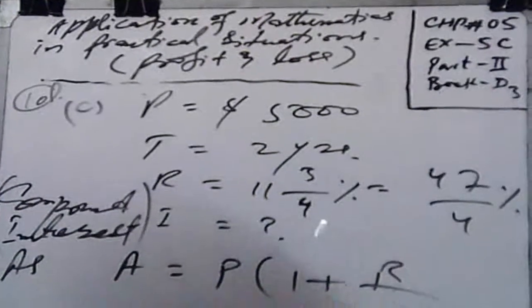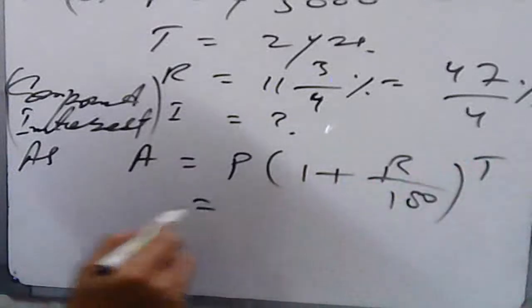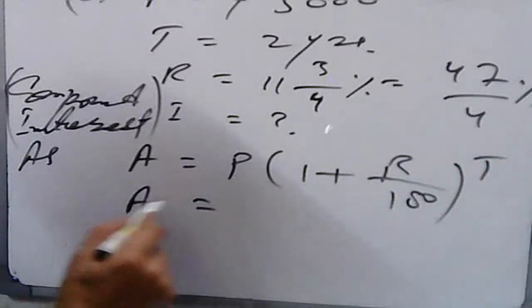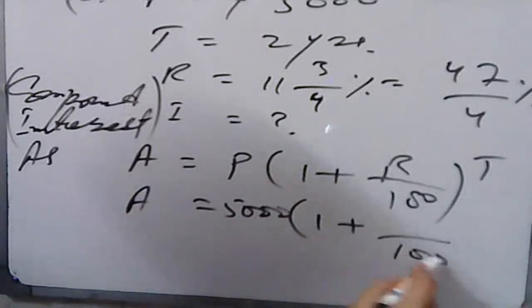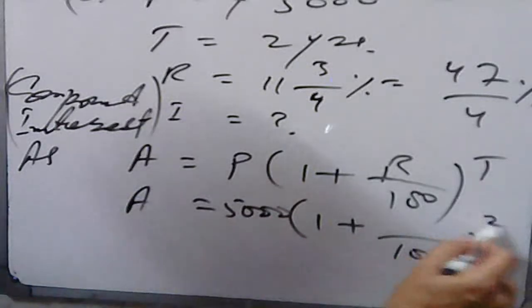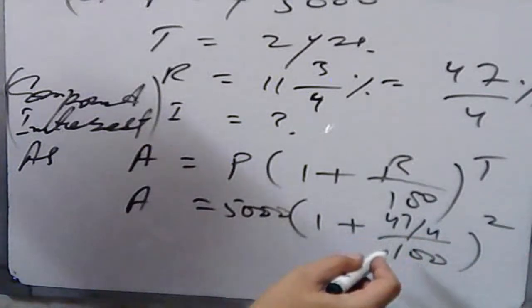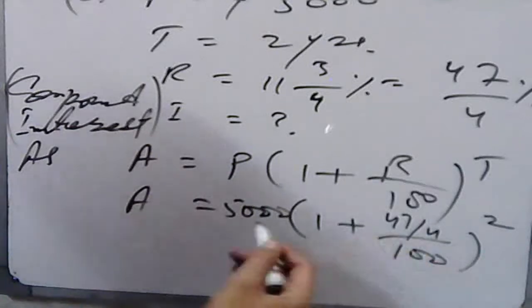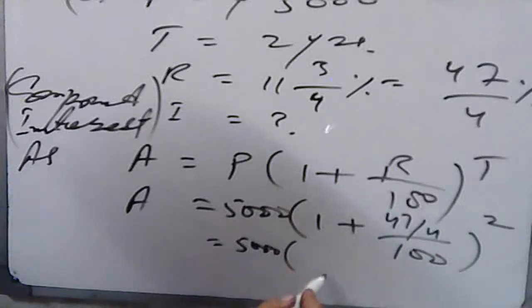So what is your principal amount? 5,000, 1 plus, and rate of interest is equal to 47 by 4. So put here 47 by 4. So after simplification, 5,000, taking LCM, but before LCM it will be written as 47 by 400, having whole square.